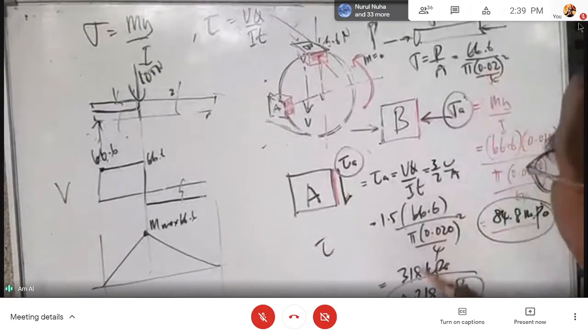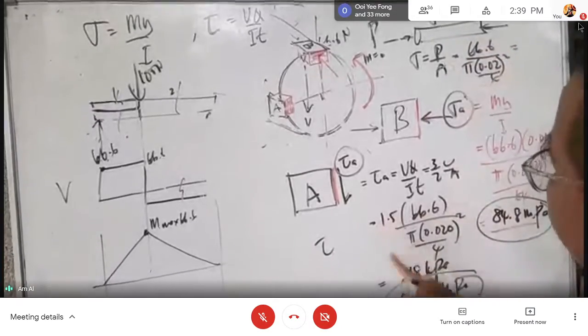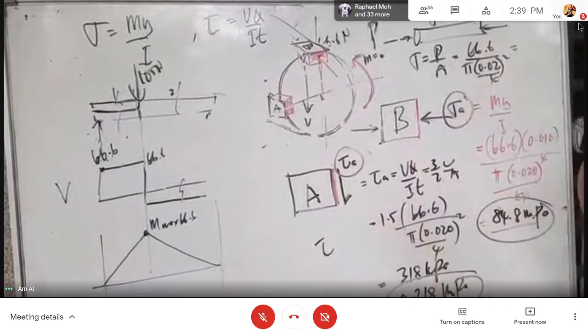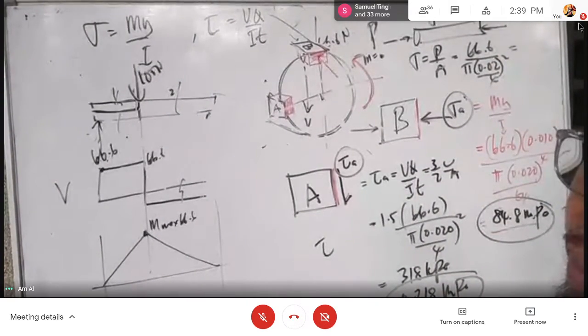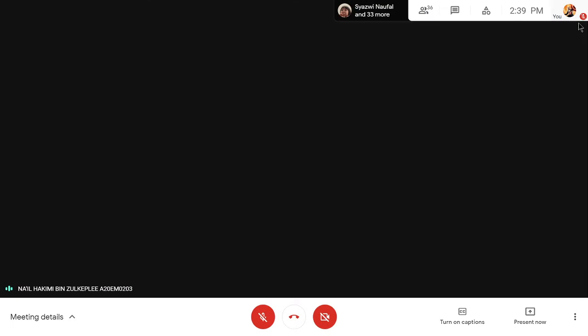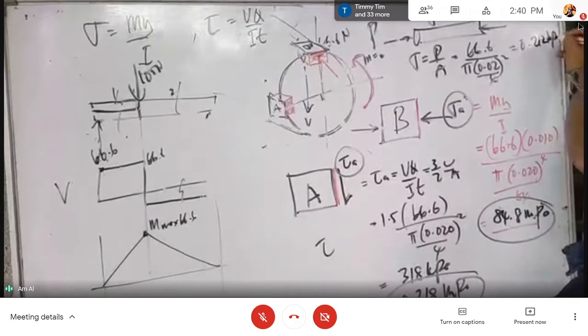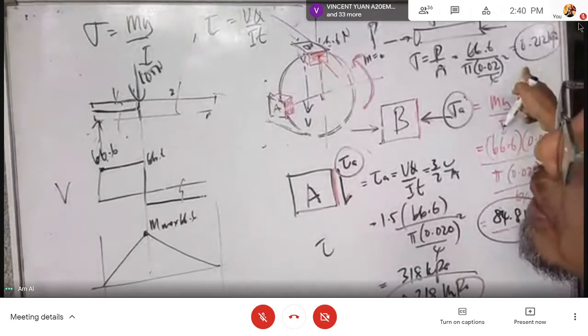A little bit less than this one, because this is P over A, and this is 1.5 V over A. What is the value there, please? 0.212 megapascal. See that? 0.212. So small or not?